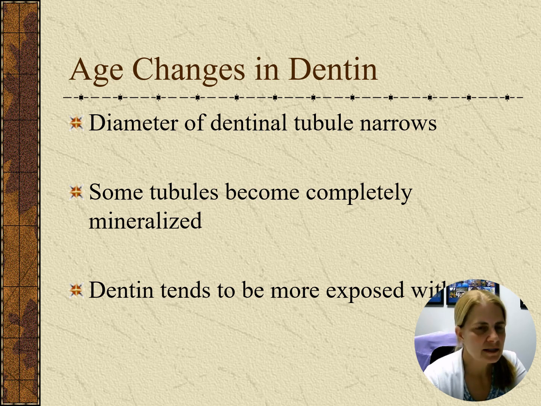And there's lots of products that we have to look at for sensitivity as far as potassium nitrate in a sensitive toothpaste, stannous fluoride, sometimes even some other products. As people age and they have more root exposure, which you would think they would be more sensitive, they actually are less sensitive because those tubules become mineralized or they narrow just with age.